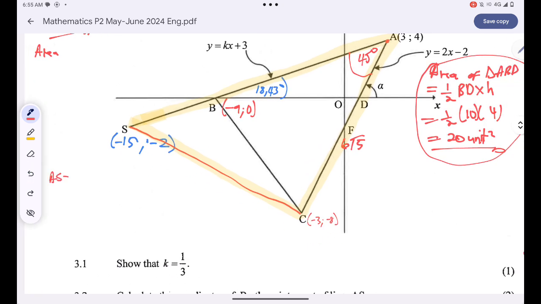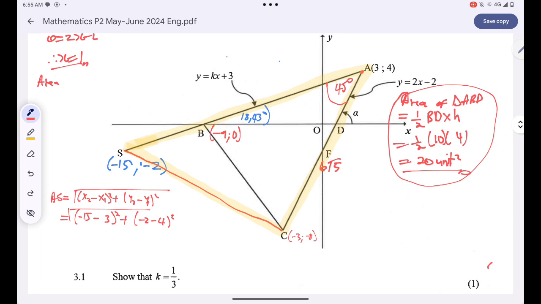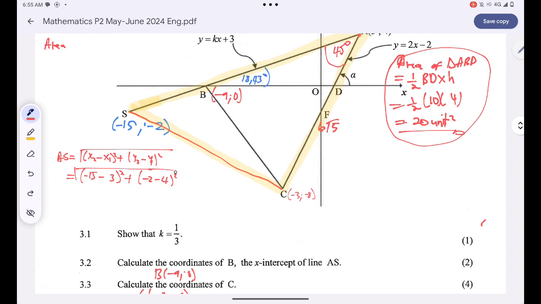So AS is basically the square root of (x2 minus x1) squared plus (y2 minus y1) squared, right? So that's negative 15 minus 3, squared, plus negative 2 minus 4, squared, all inside the square root. Yes, that's 3 and 4, and negative 15 and negative 2.